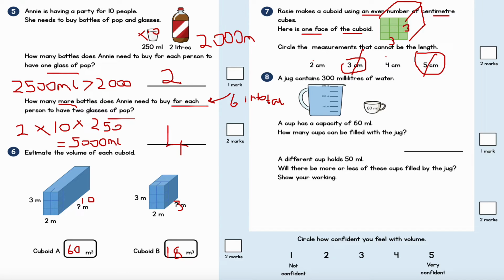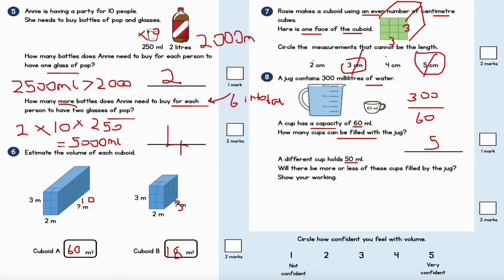A jug contains 300 milliliters of water. A cup has a capacity of 60 milliliters. How many cups can be filled using a jug? Well, 300 divided by 60 is the same as doing 30 divided by 6, which is equal to 5. A different cup holds 50 milliliters.